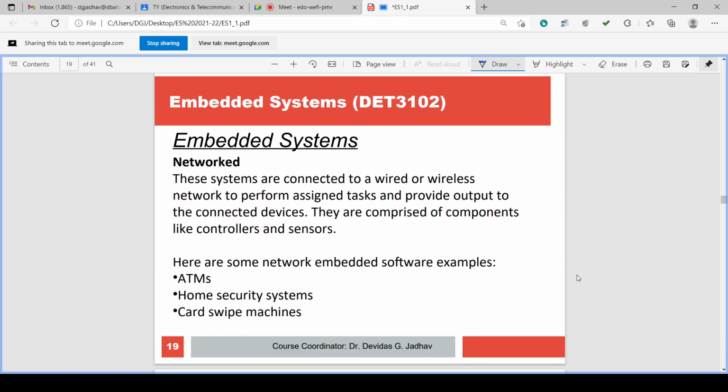Next type of the embedded system is networked embedded system.